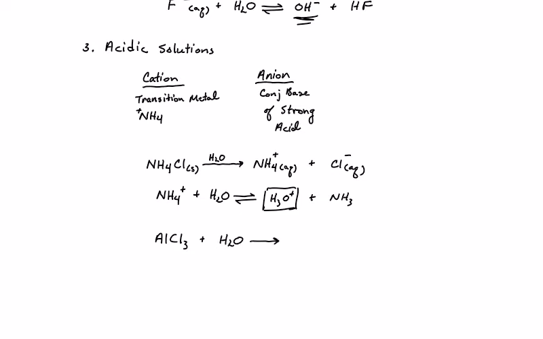What ends up happening is we form aluminum chloride with an OH attached to it. And overall we have a negative charge, and we produce a proton, which ultimately gets transferred to water and becomes hydronium. And again, that's going to make this whole solution acidic.